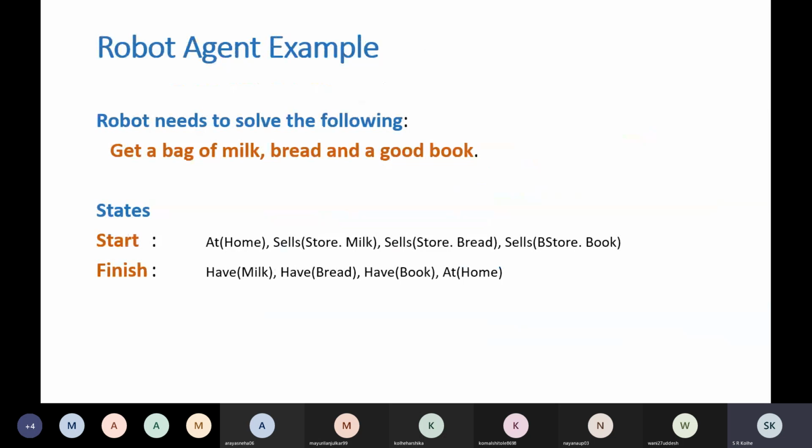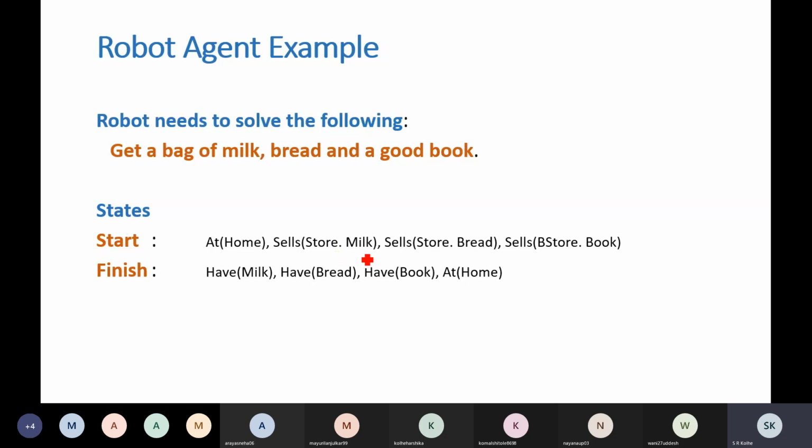Now come to the problem, getting a bag of milk, bread and a good book. For knowledge representation, in the last unit we discussed mathematical logic, and that we are going to use for representing knowledge. So all these are predicates. Start state is given, that means robot is at home.